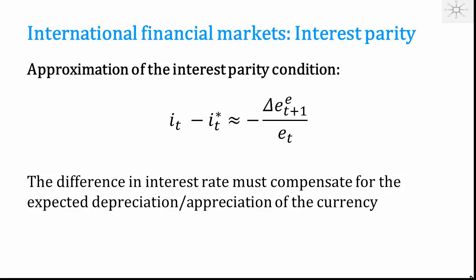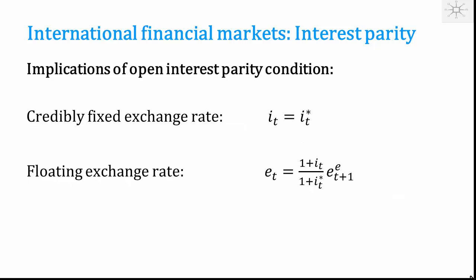So the intuition is straightforward. If the currency of the small open economy is expected to fall in value, then the interest rate in the small open economy has to be higher in order to compensate for the expected depreciation. So this is the open interest parity condition that relates interest differentials to expected changes in exchange rates.